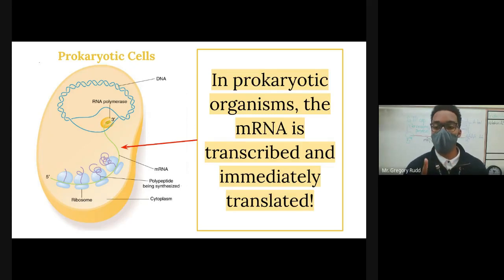Why do you think it's important that the cell has a series of ribosomes located right next to each other, translating the same RNA? Why is that important? Okay, yeah, because you want to have some insurance in case there's a mistake. Why else though?